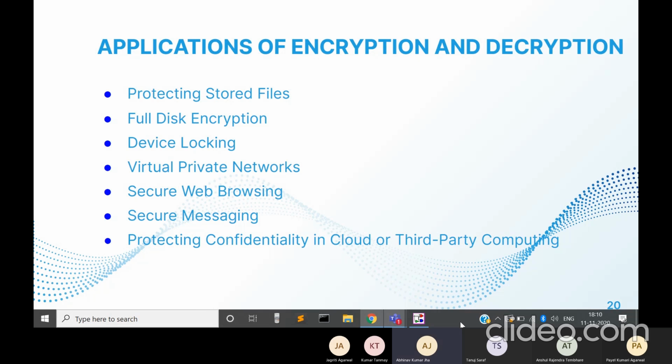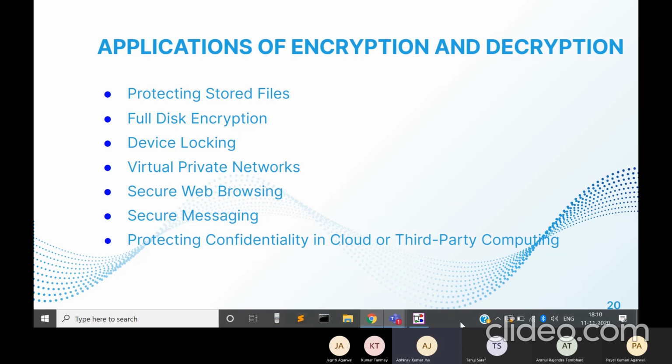Secure messages: secure messaging applications use end-to-end encryption protocols to prevent third parties as well as the service providers themselves from having access to the plain text of messages. Encryption is generally used to protect the confidentiality of cloud data also.